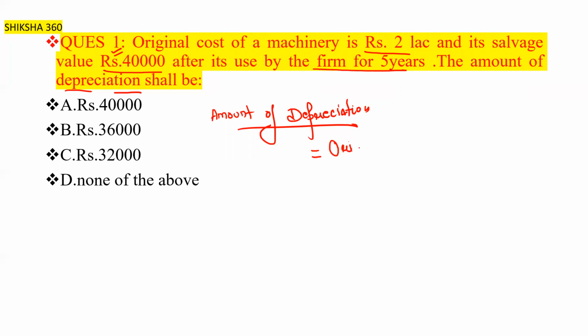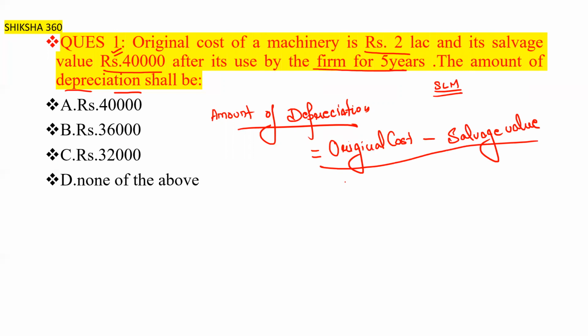This is the formula which we have discussed under the straight line method: original cost minus salvage value upon the number of years the machine is used by the firm.